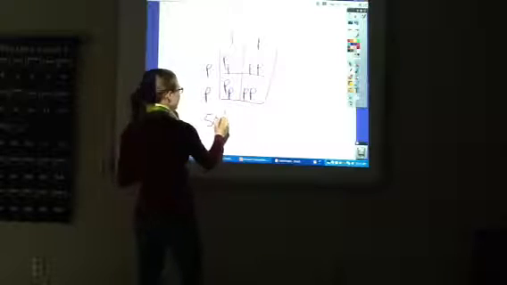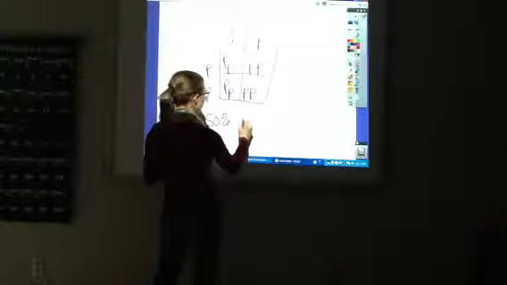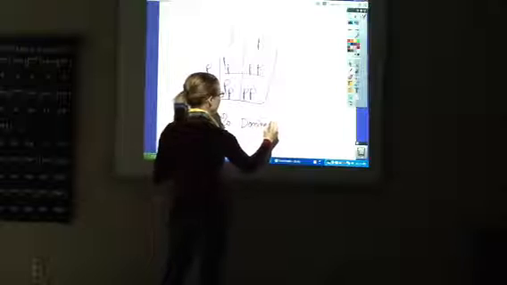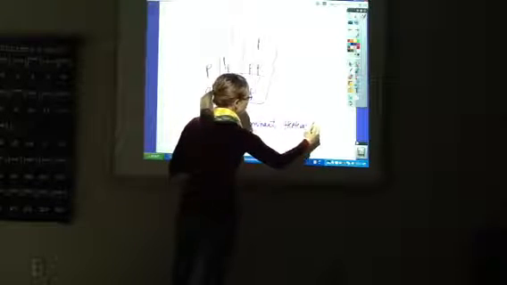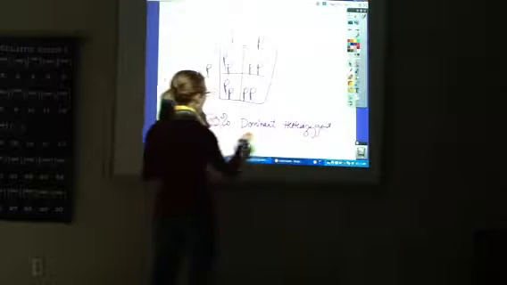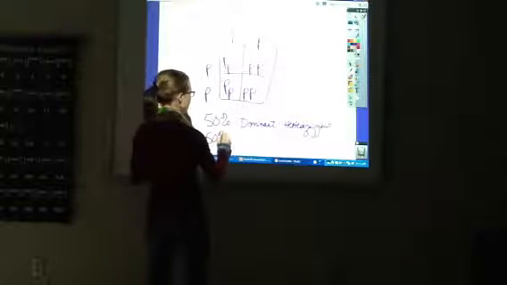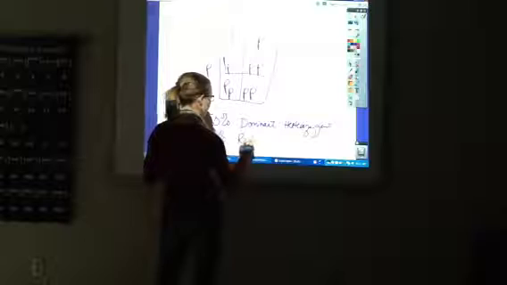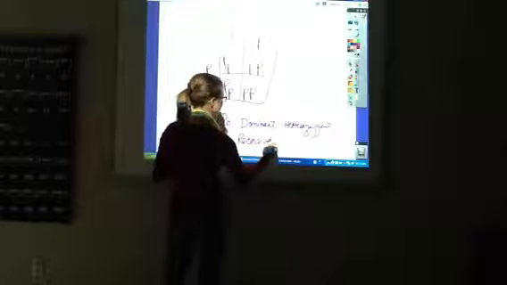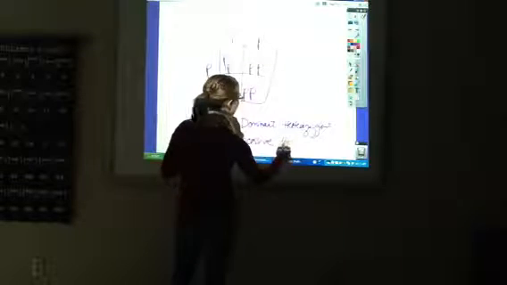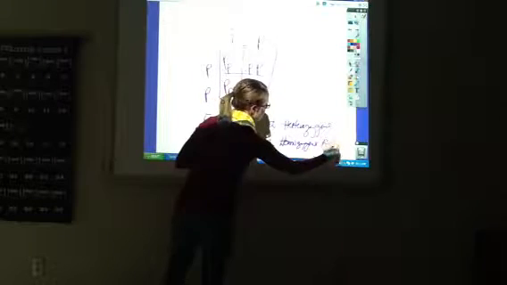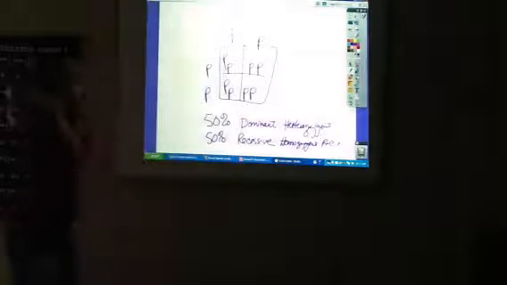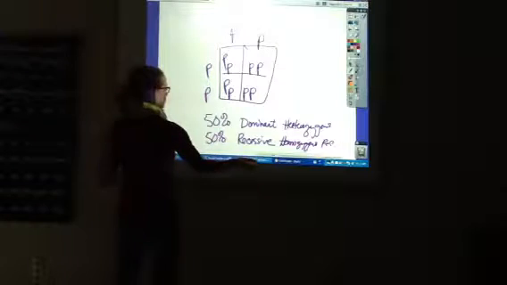Now we know we have a 50% chance of showing the dominant phenotype, and we have a heterozygous genotype, right? And we have a 50% chance of the recessive genotype showing up, and us being homozygous recessive. Okay? So those are Mendel's test squares.